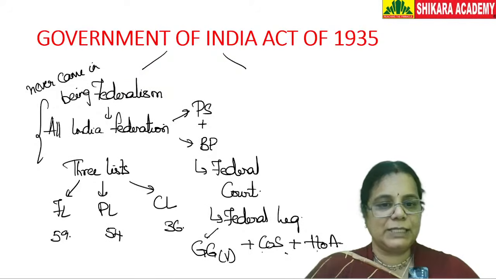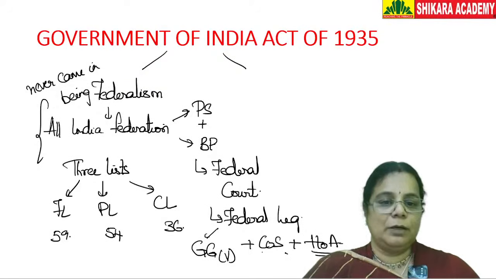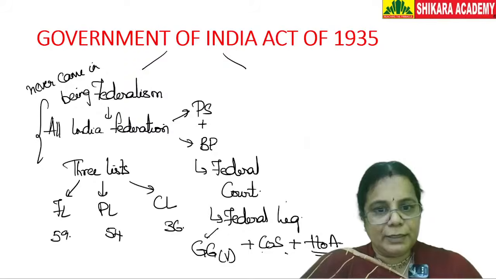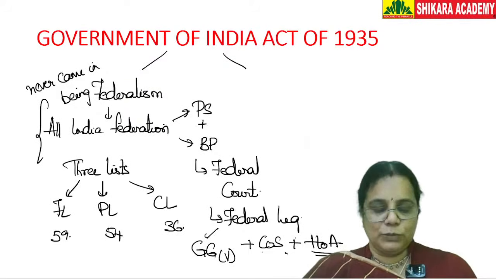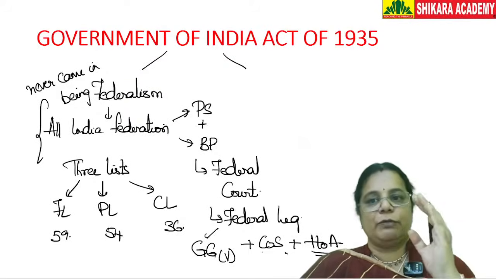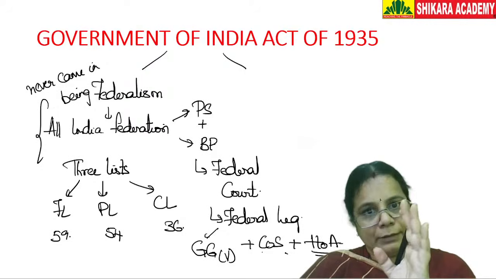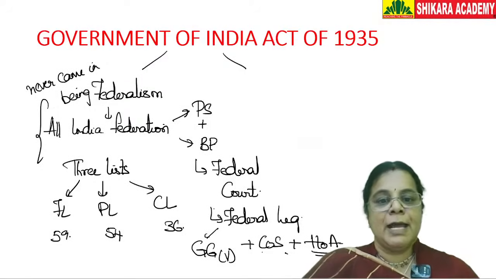This remains council of states, but this became Lok Sabha or House of People now. So federal legislature became the central parliament post independence. All these were provided for by the Government of India Act 1935.